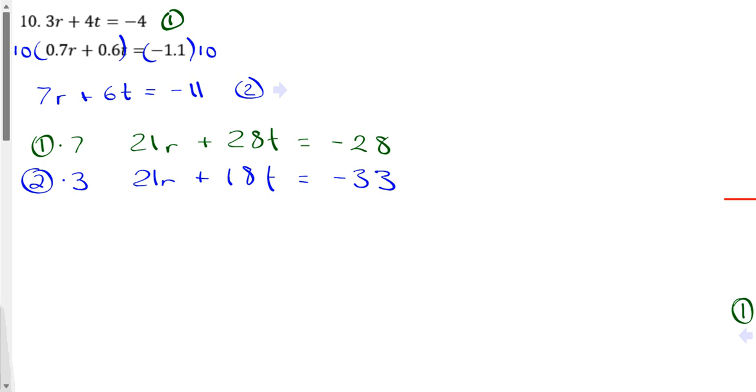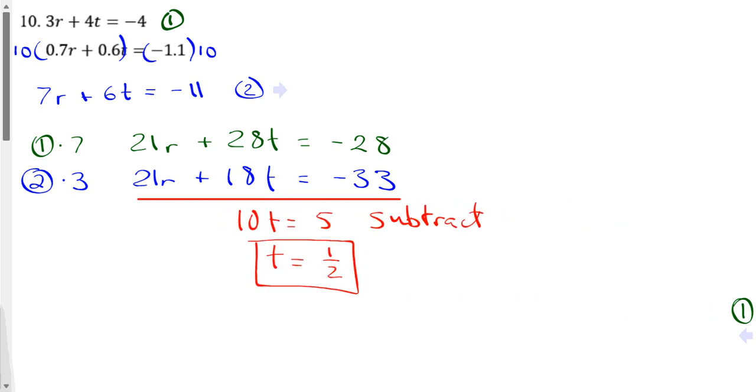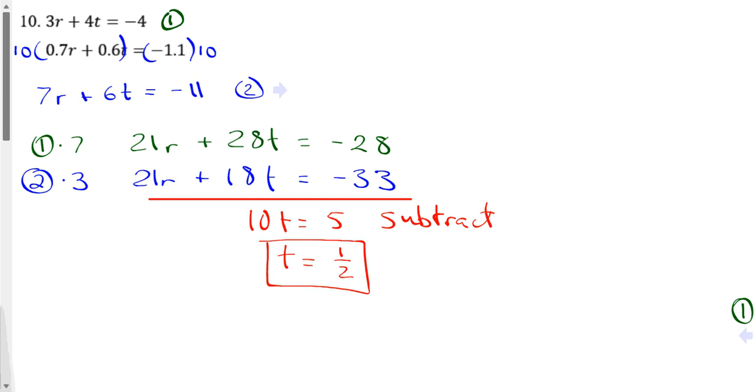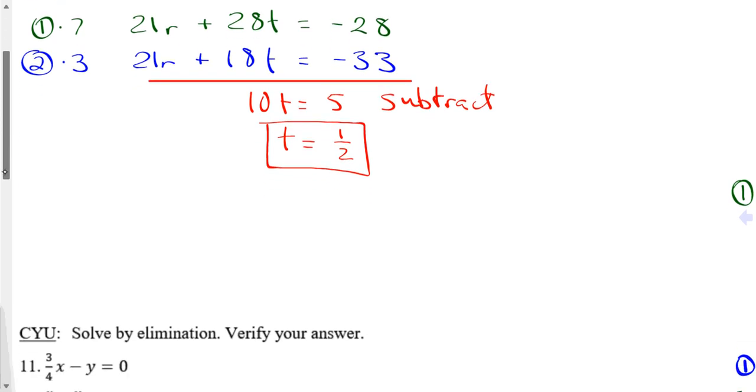But once we do that carefully, making sure we multiply both sides of the equation, then we can subtract the two equations, which eliminates the r, and we can solve for t. And we get t is equal to 1/2. Then we can choose an equation to substitute that into.